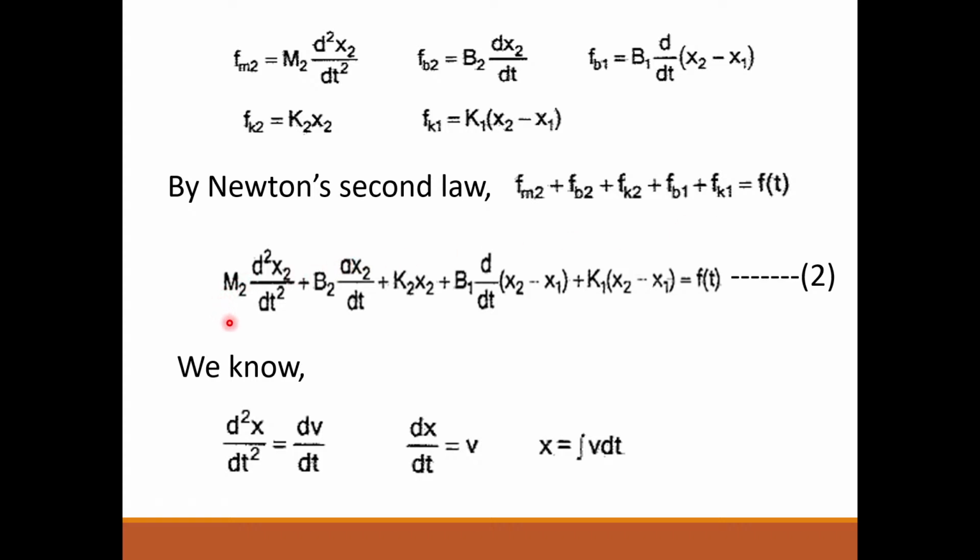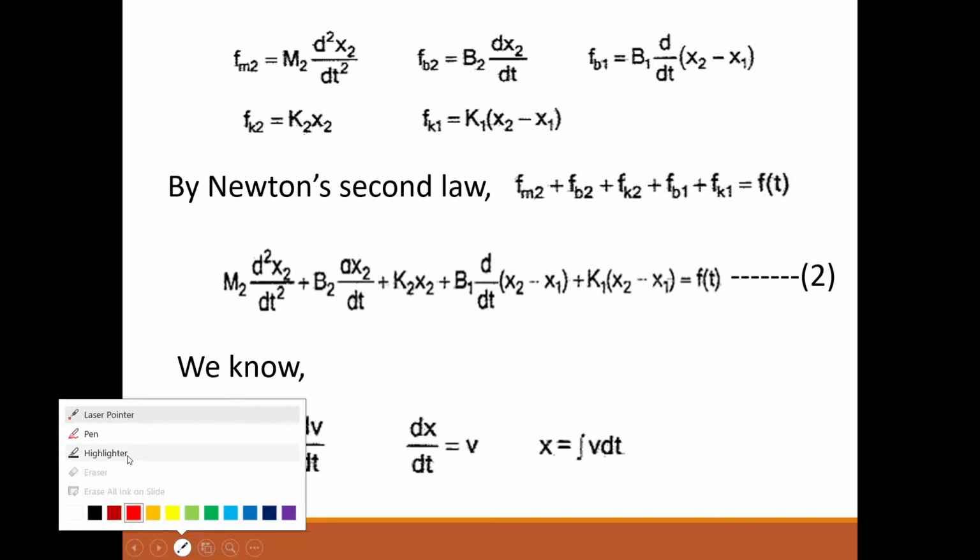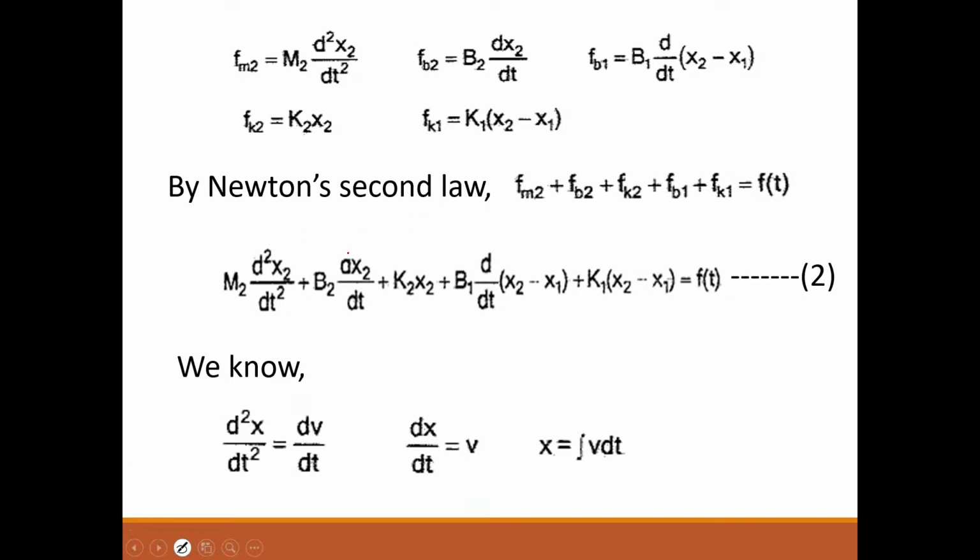So now instead of Fm2 write m2 d square by dt square x2 plus, instead of Fb2 write b2 dx2 by dt, plus fk2 is k2 x2, fb1 is b1 d by dt of x2 minus x1, fk1 is k1 x2 minus x1 equal to f of t.